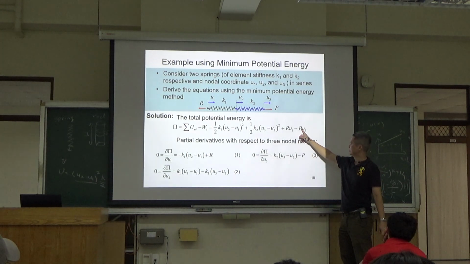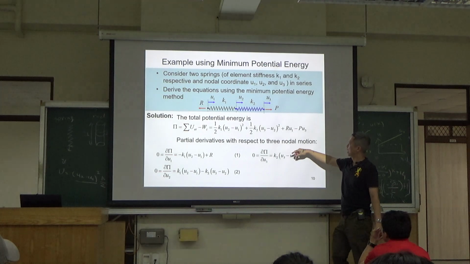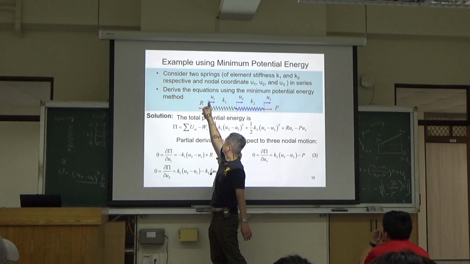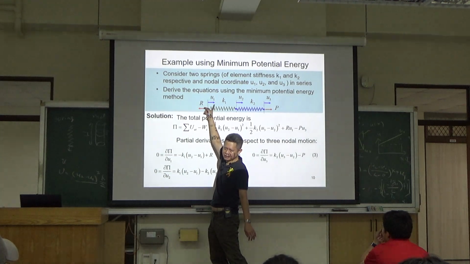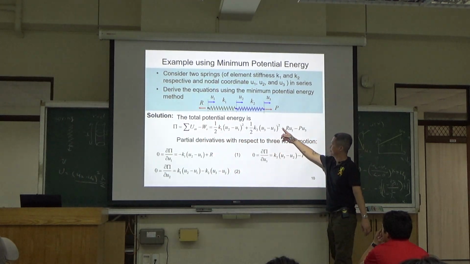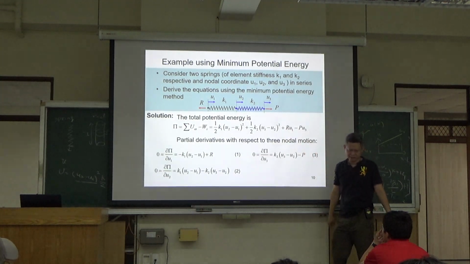So minus P U3, it's minus positive work done. How about the work done by the reaction? The reaction is in the opposite direction to U1. So this is the negative work done. So minus negative work done gives you the positive R U1. Okay?